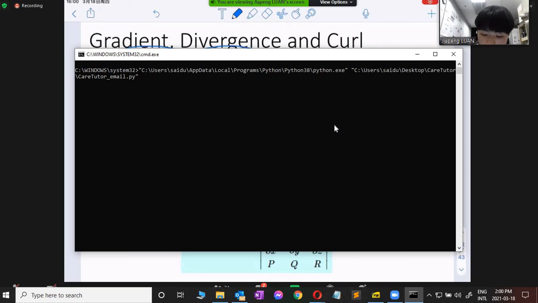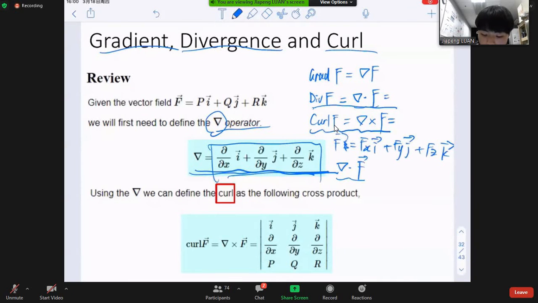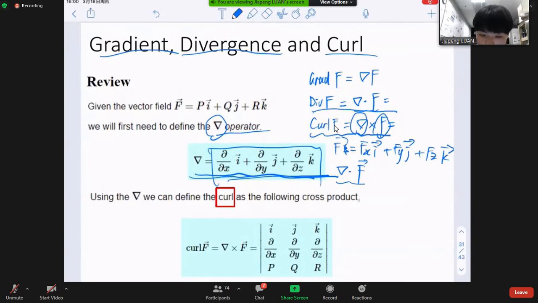It's also the same for this: you just calculate the cross product between this vector and this vector. And for this one, there's no dot or cross between these two vectors, so how to remember this? You just put f here. So that is actually the gradient of f. So that's the easy way to memorize these three equations.